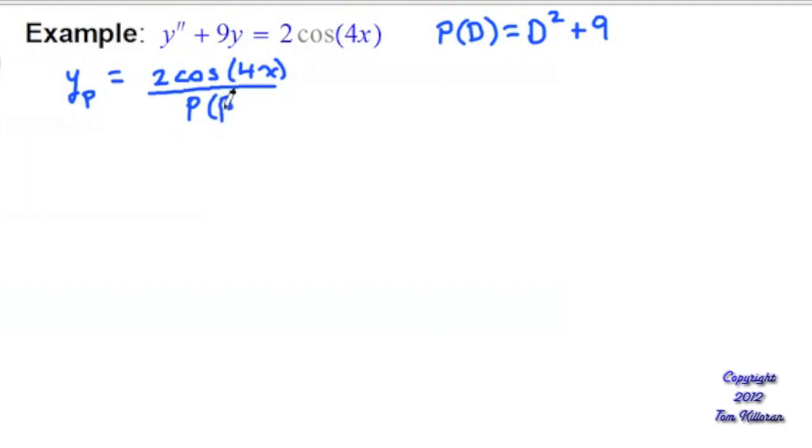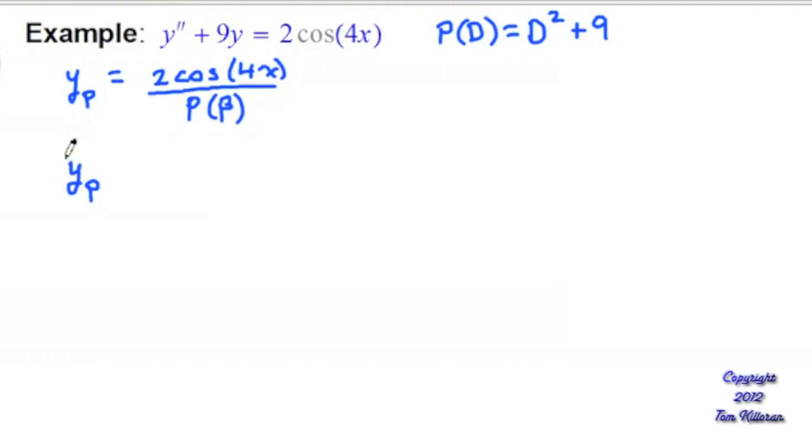Okay, so let's do the little transformation. When we do this, it's going to introduce a sine and a cosine term, so we're not finding the exact particular solution anymore. We're going to have this complex particular solution, and half of it we're going to need and the other half we're not. It really depends on what function we start with. One half of it is going to deal with the cosine, the other half would deal with the sine.